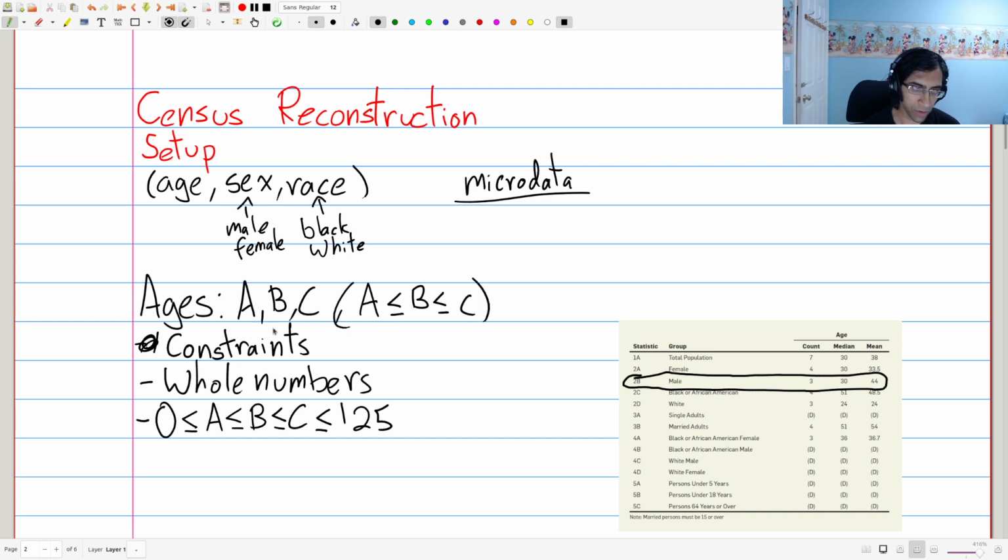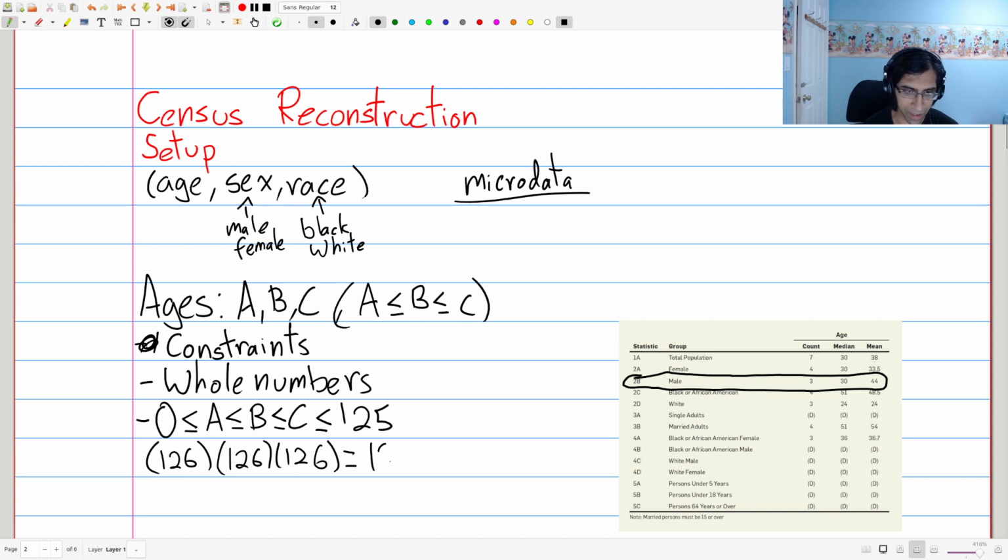Okay, so let's suppose this is all we had. Then what can we say about the total number of combinations of A, B, and C? Well, there are actually quite a few options. A can be any integer between 0 and 125, so that's 126 options. And then B similarly has 126 options, and C should also have 126 options.